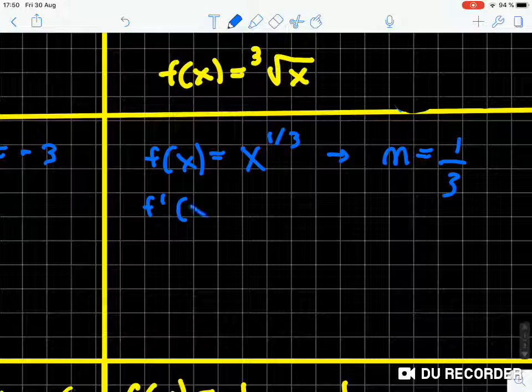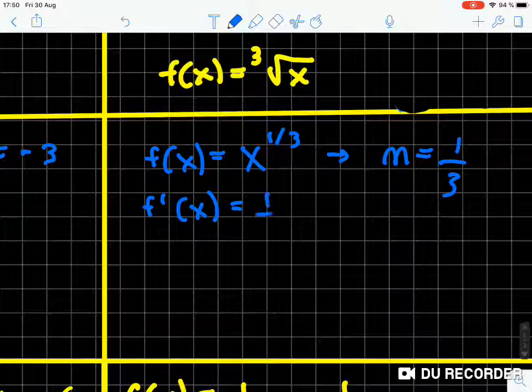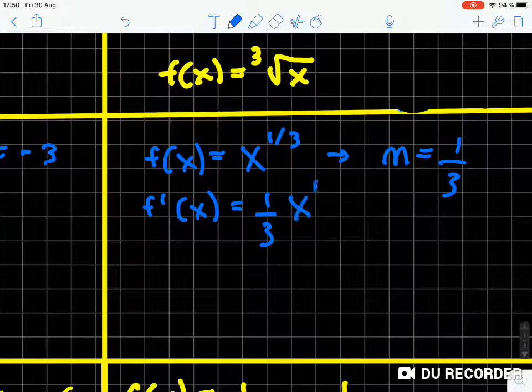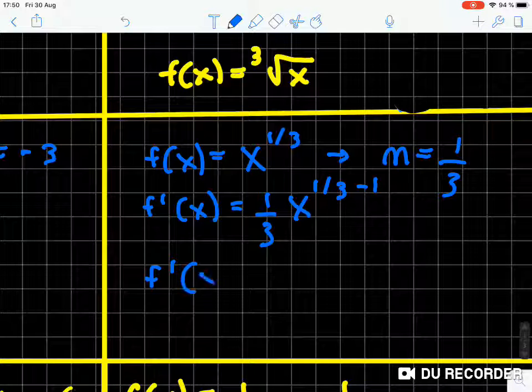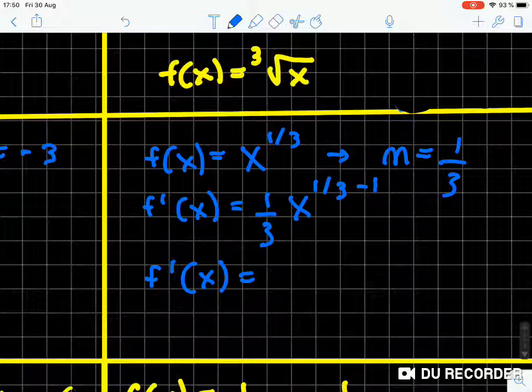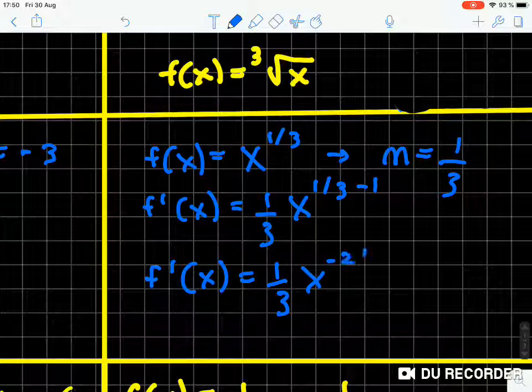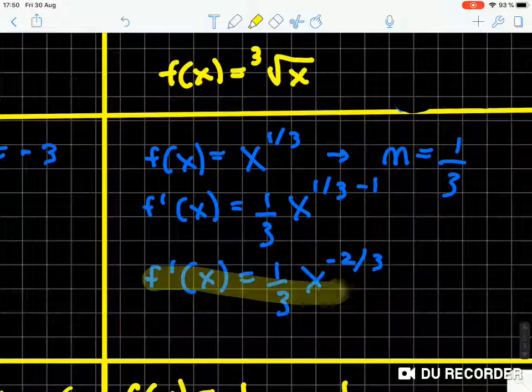So the derivative is 1/3 of x to the 1/3 minus 1, which is the same as 1/3 of x to the minus 2/3. That's it. It's really quite easy.